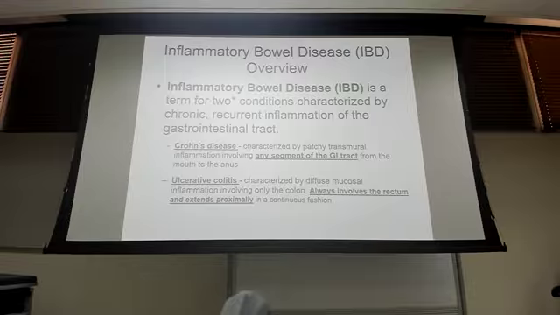It's patchy and it's transmural, and we'll get into each one in the next few slides.